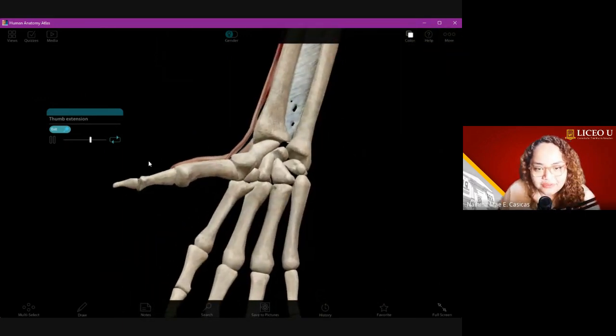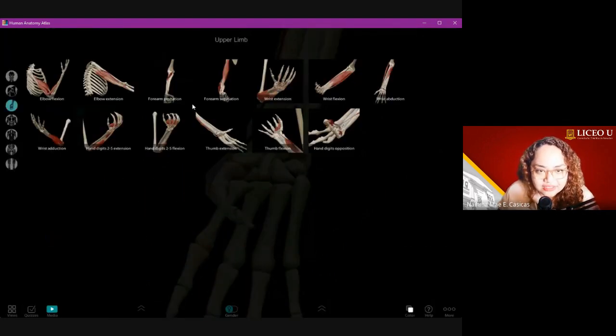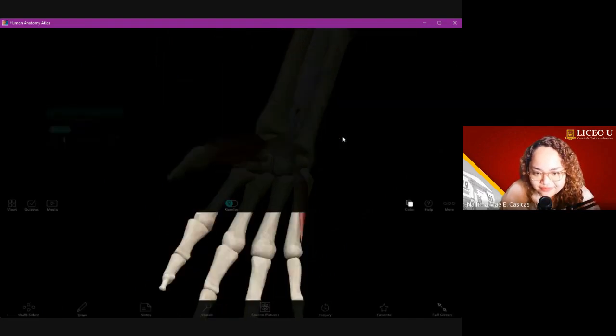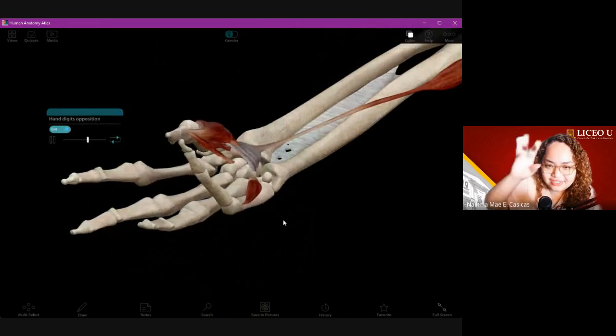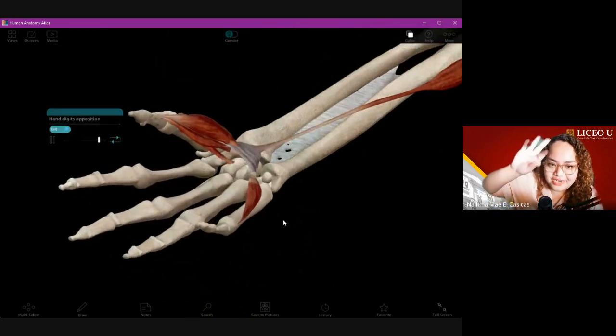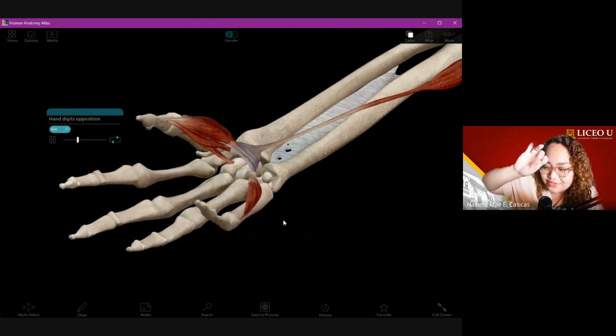That's extension, and it does a lot of things, no? It has an extended range of motion. We're able to connect our fingers, finger to finger, or thumb to fingers.